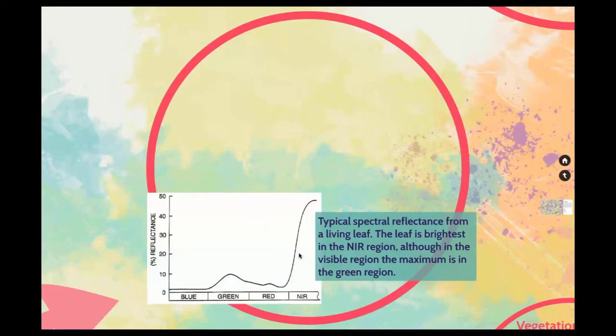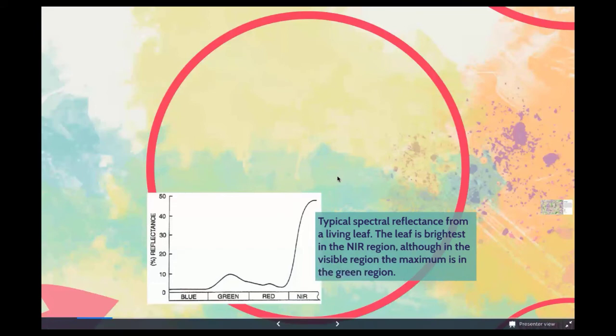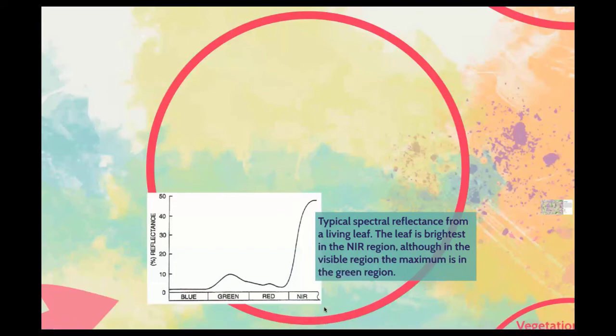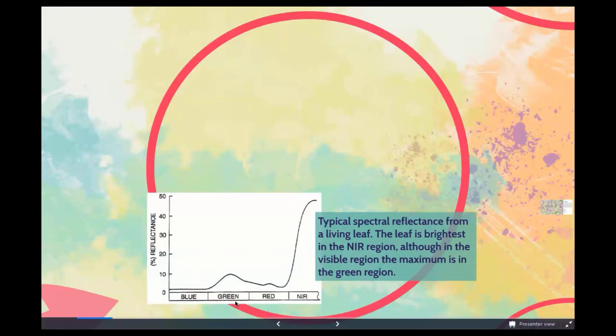It's very typical for healthy green vegetation, some trees and some grassland, and depending on the species or growing stage, the patterns can be slightly different. But overall, we see the highest reflectance in the near infrared and a little bit of a peak on the green band over the visible portion.